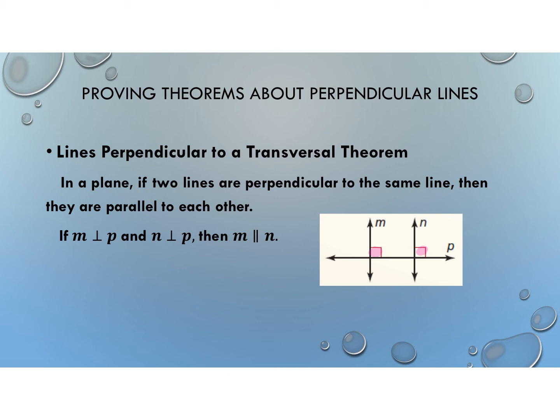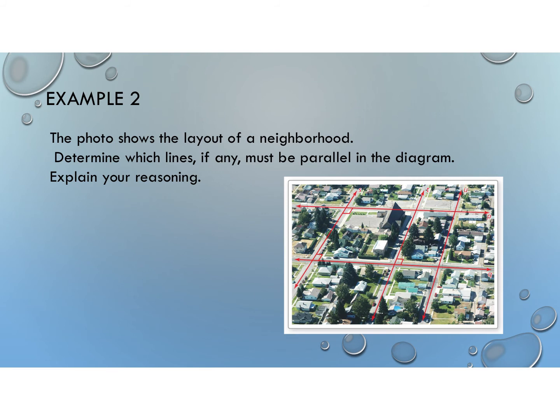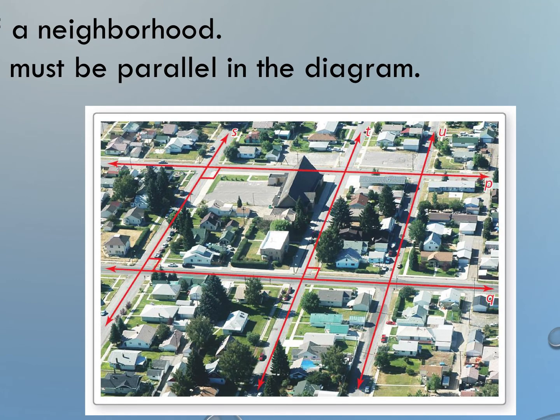So next one is a layout of a neighborhood. It's like an aerial photo here. Now, it's got some lines here. If you zoom in, you can probably see them a little bit clearer. At the end of the line, there's a little red S. So this is line S, and maybe I'll just write it on the outside of the picture.